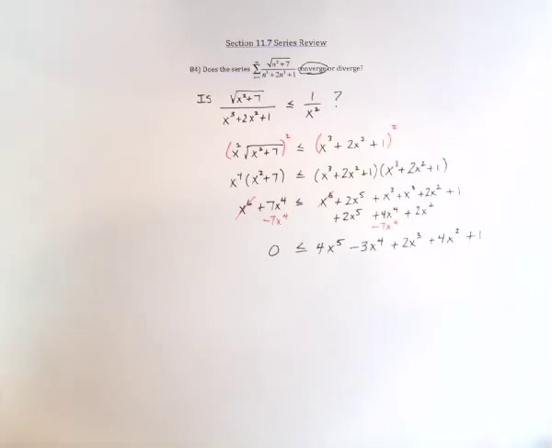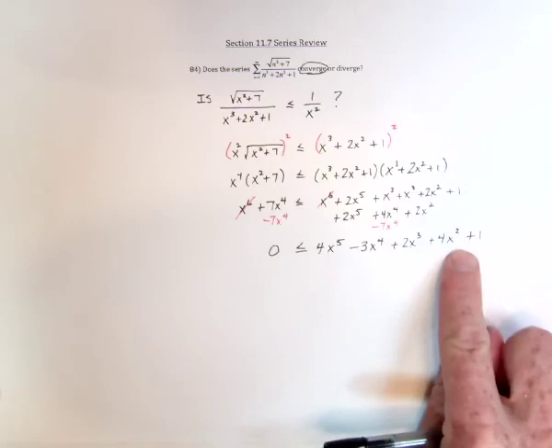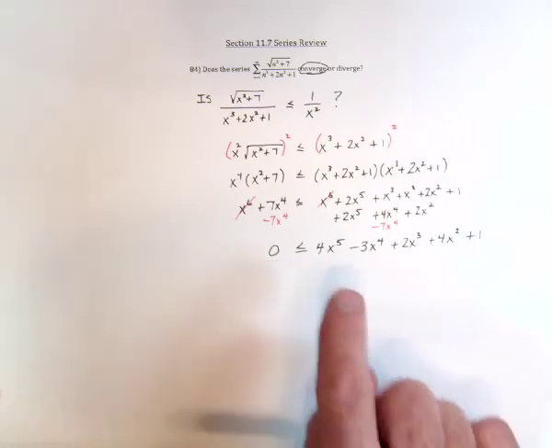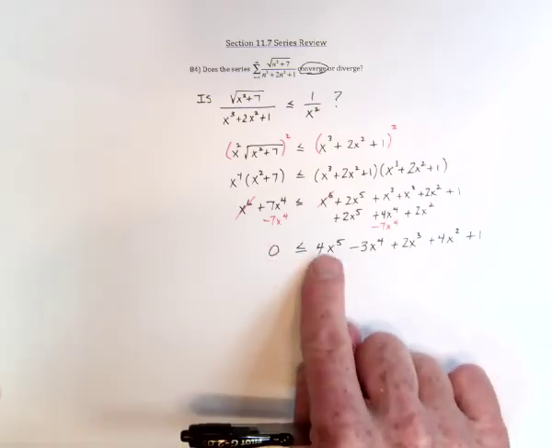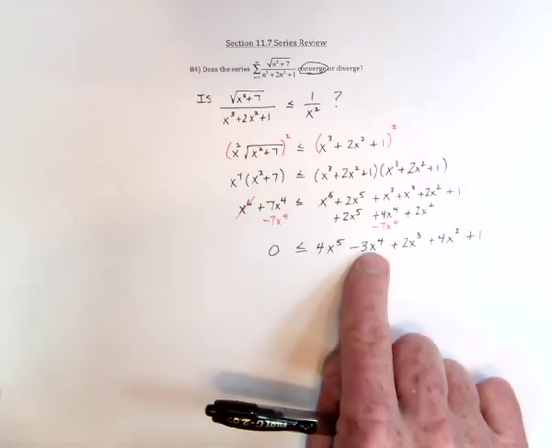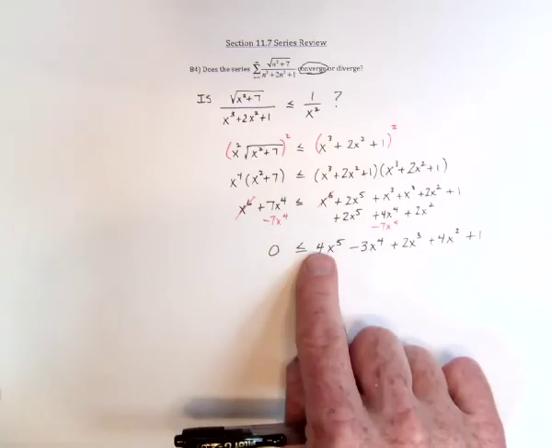Alright, so the question is, is this polynomial positive from some point on? And I can confidently say yes to the answer because this is what controls it, x to the fifth. And if you've got something like a 12 in here, 12x to the fifth is going to trump 12x to the fourth, and so this positive term is going to dominate the whole thing.